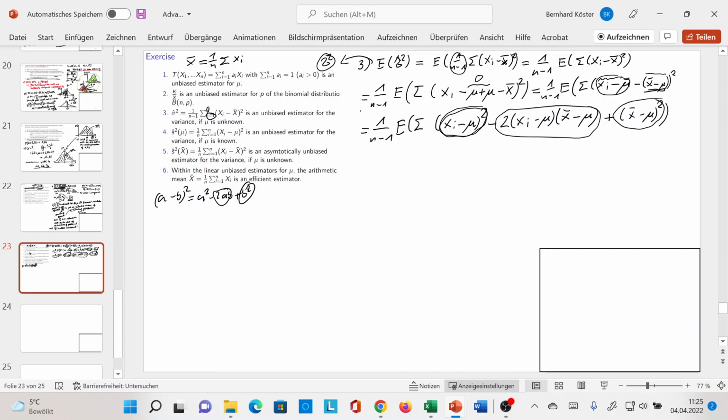And we know here we have a sum or a difference of part 1, part 2, and part 3, and we know that the expected value is a linear operator.